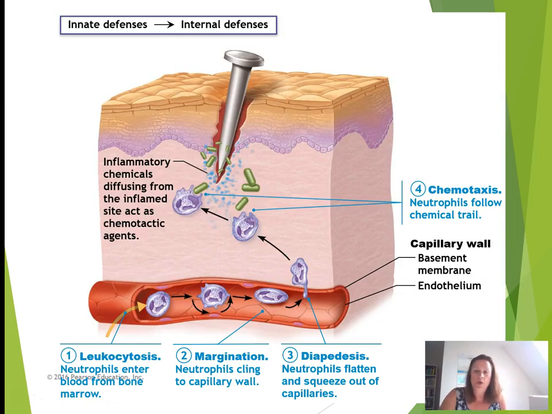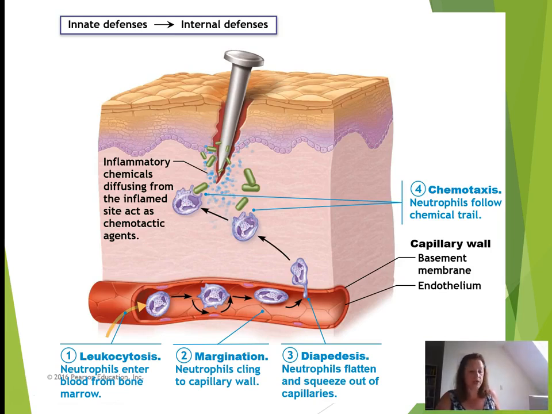Again, this is going to be the steps of inflammation: leukocytosis, margination, diapedesis, and chemotaxis, right? And these are the different steps that occur in the process of tissue repair and inflammation.